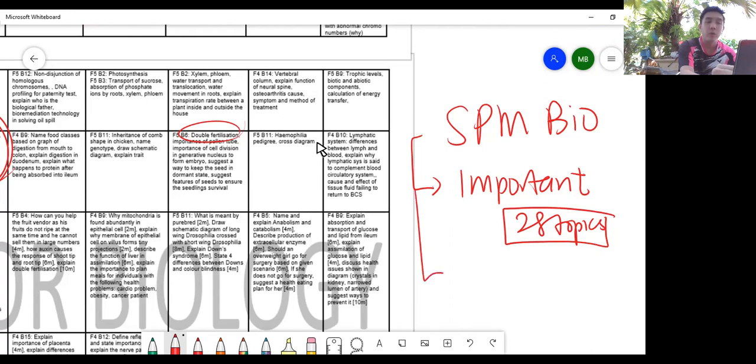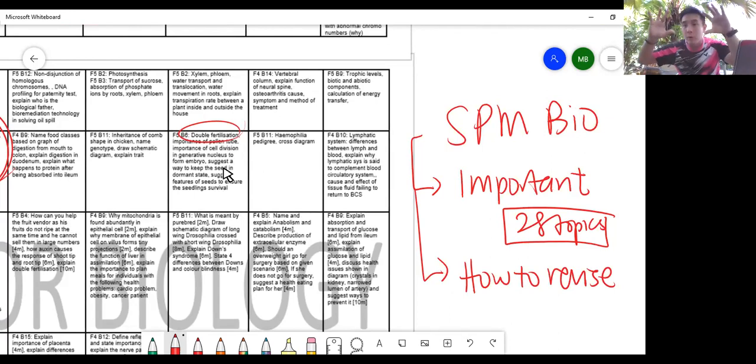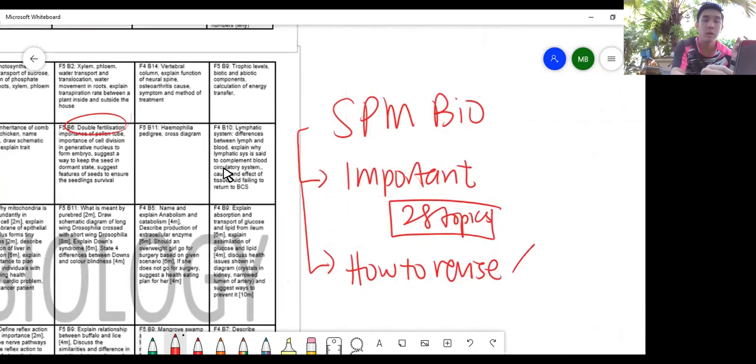Then you have to know how to revise. Actually, this is the method. After you have read everything, you have done so many things, guys, are you able to answer most of the questions from state papers? Sir, can, no problem. Good. Then next will be SPM.